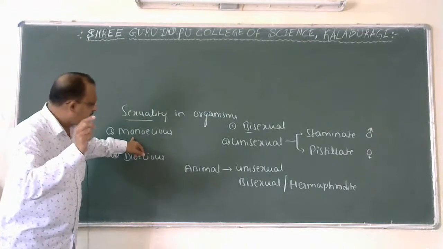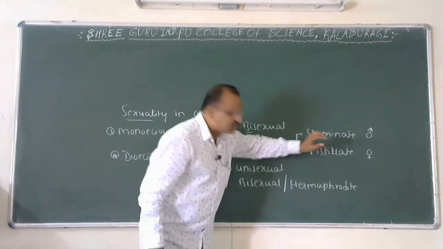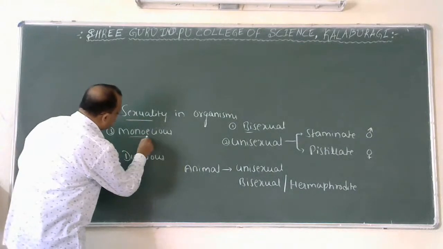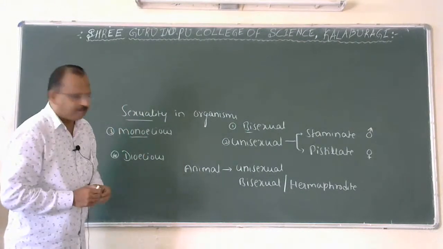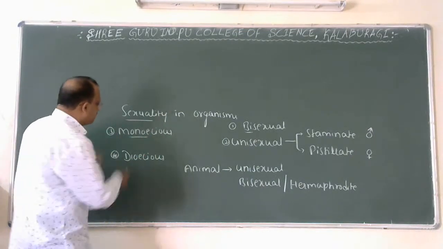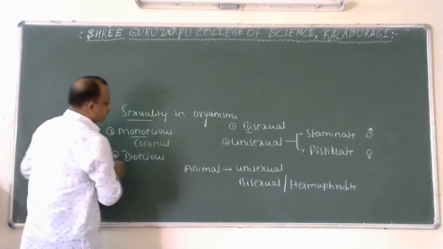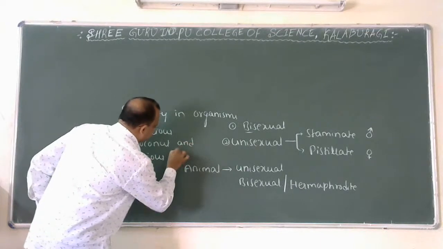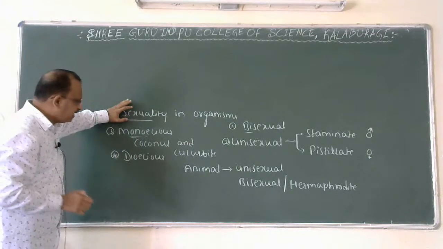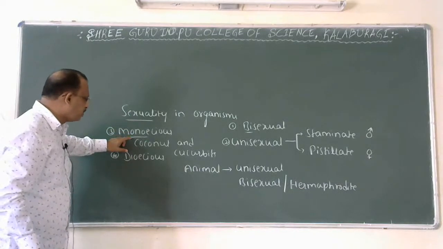Monoecious. When staminate and pistillate flowers are present on the same plant, then it is called monoecious.